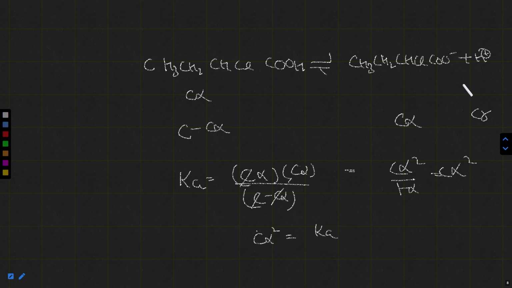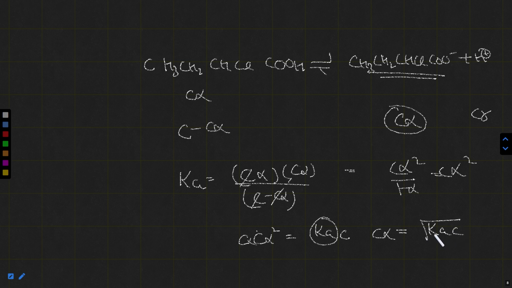Now if you see here, the concentration of CH3COO that is being ionized is Cα. So if we calculate Cα, then we will calculate Ka. So what will be the value of Cα? Cα will be equal to root Ka into C. This will be the concentration of H plus or CH3COO minus.